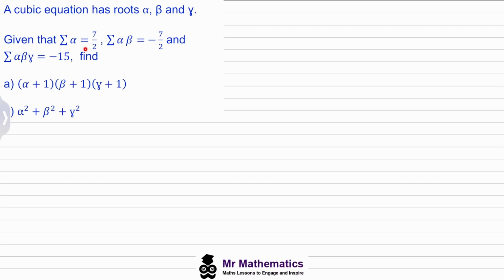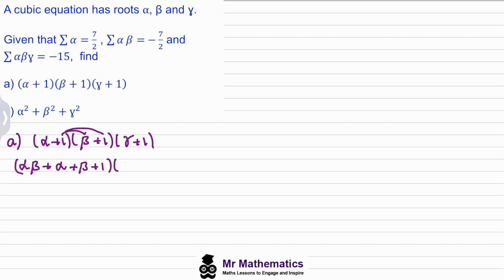So to use these three values to work out each of these, we need to begin by expanding out this expression. So if we begin with alpha beta, and then plus alpha, and then beta plus 1, then we can multiply all of this by the third polynomial, gamma plus 1.